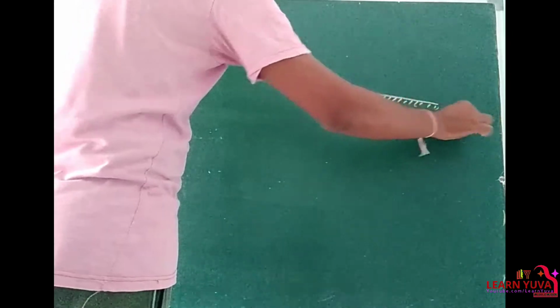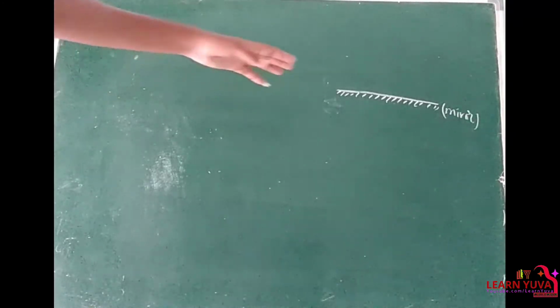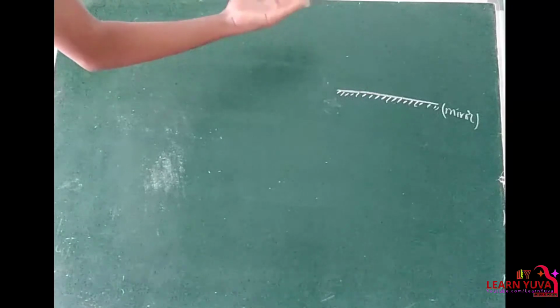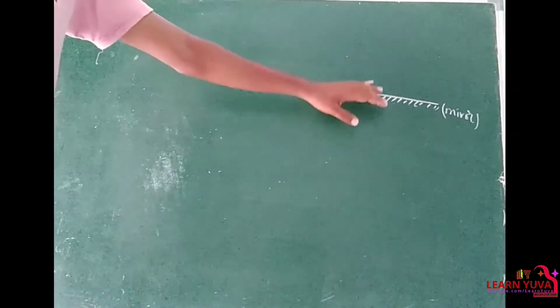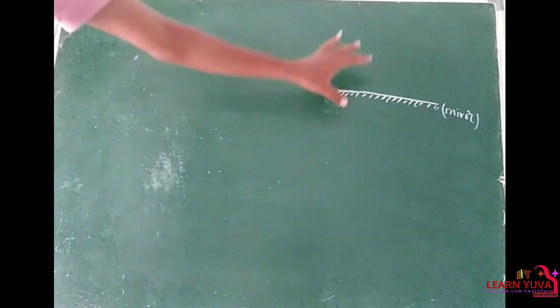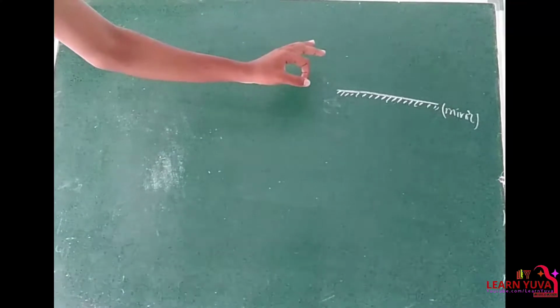Simply we call it a mirror. It is a highly polished smooth surface which reflects most of the light into the same medium. Whenever light rays fall on it, those light rays get reflected. Simply we call it a reflecting surface.